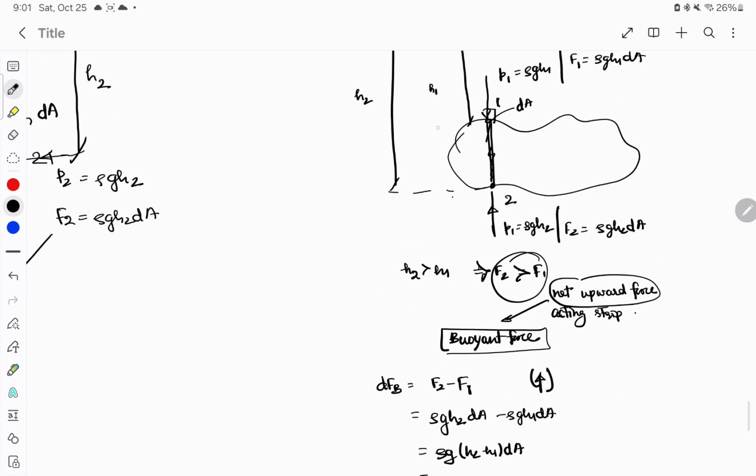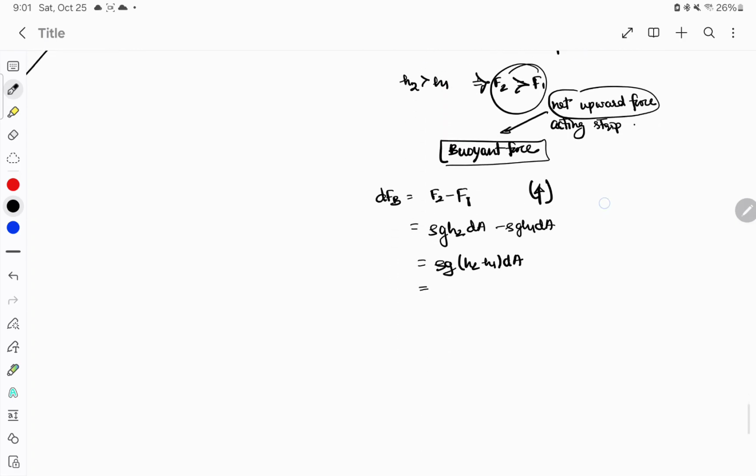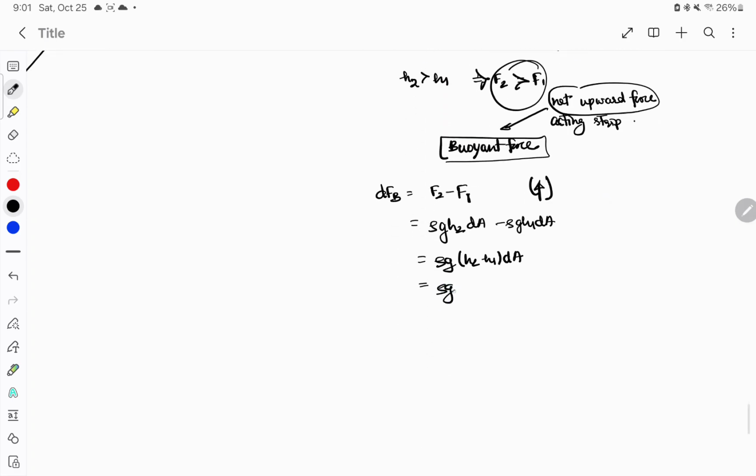We can say that h2 minus h1 is h, and h into dA is nothing but dV, the volume of the small strip. Then it is rho g dV.